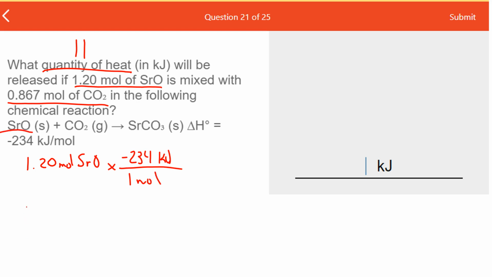And then I do 0.867 mole of CO2. And then ultimately, which answer do I pick from the 2 answers I'm going to get? Smaller amount.